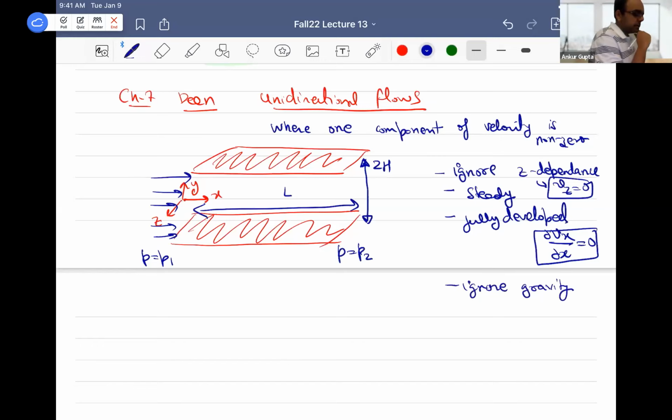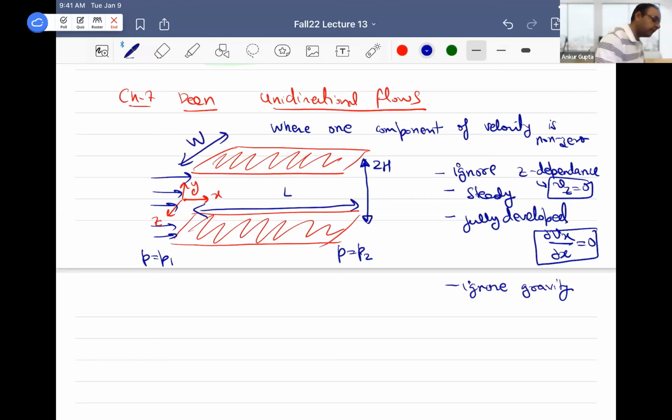You can think of the distance between the plates, and a width of the plate W, but we are not really thinking about the z direction right now.